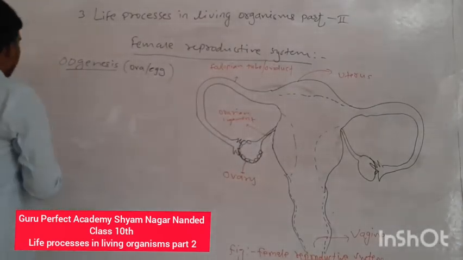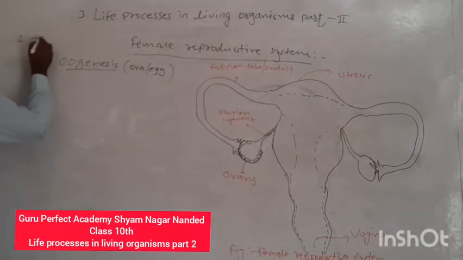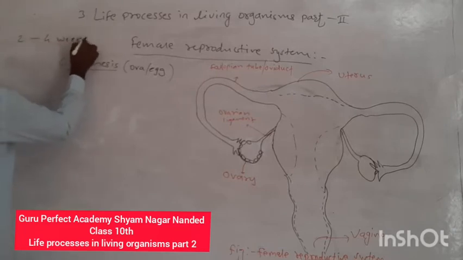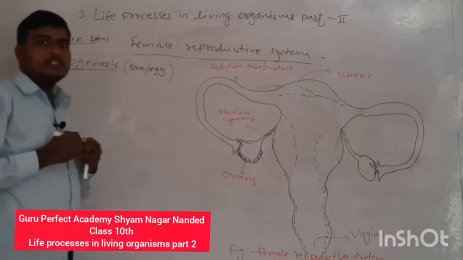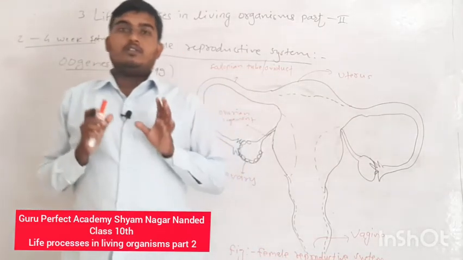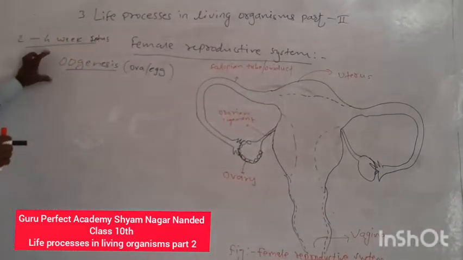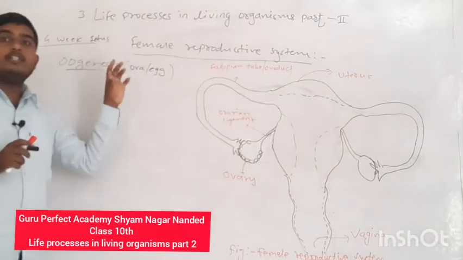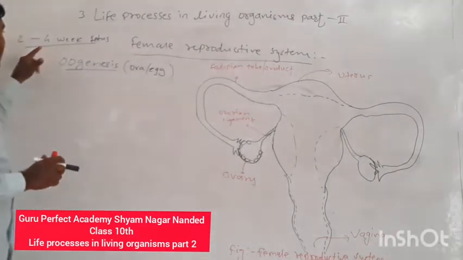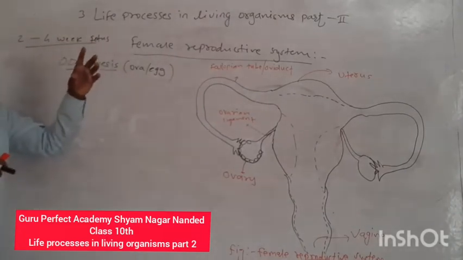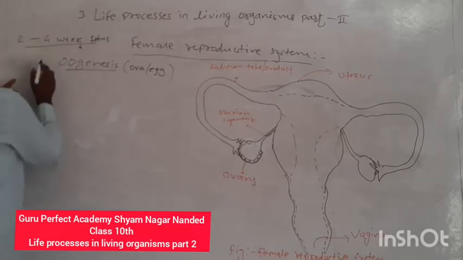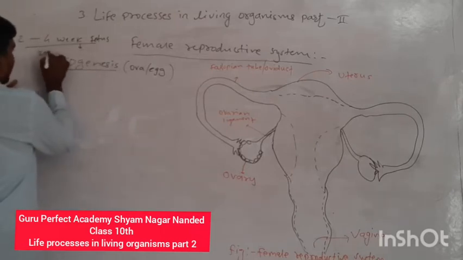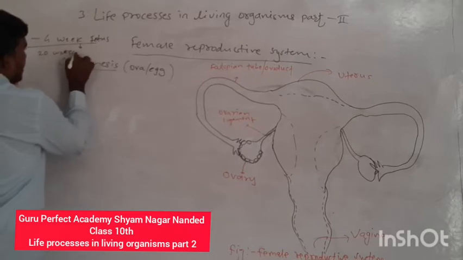When the fetus is 2 to 4 weeks old, at that time this process gets started. Before birth, the process of oogenesis starts in the female embryonic stage, that is the 2 to 4 week fetus. This stage reaches up to 20 weeks.